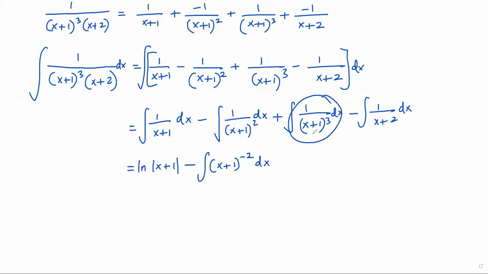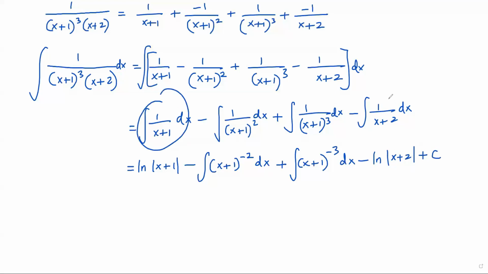The same thing we have for this one. Then we get the positive integral of (x+1) to the negative third power dx. And here the derivative of this x+2 with respect to x is just 1, which we have in the numerator. So the integration of this rational function is the natural logarithm of the absolute value of x+2, plus c. Okay, we got the integration of the first one and the last one.